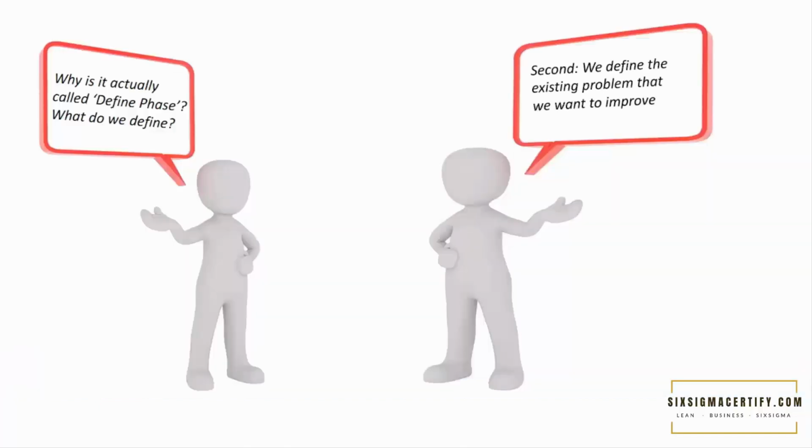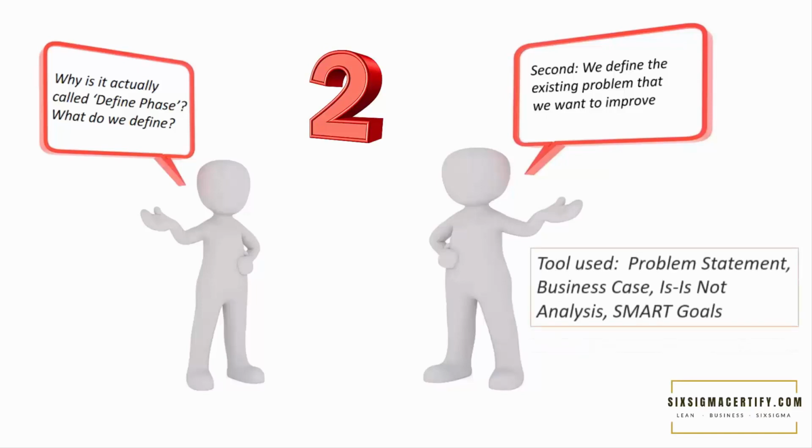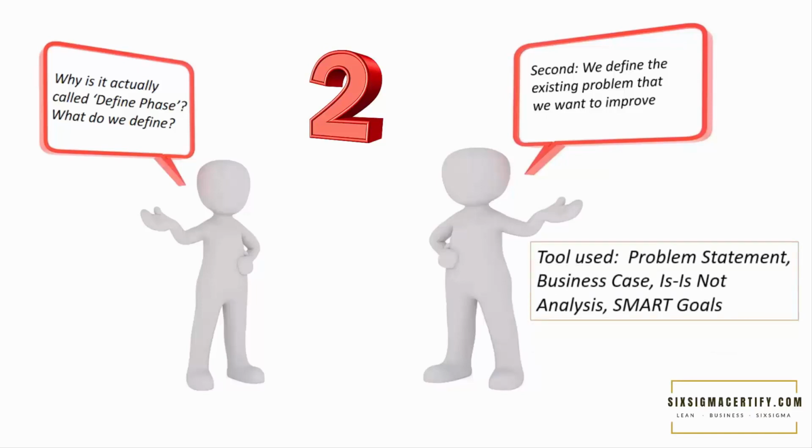The second step of the define phase is that we define the existing problem that we want to improve. There should be a particular problem that we are interested in improving with the help of the define phase. So what is that particular problem? In order to identify that, we use different tools such as problem statement, business case, is and is not analysis, and SMART goals.